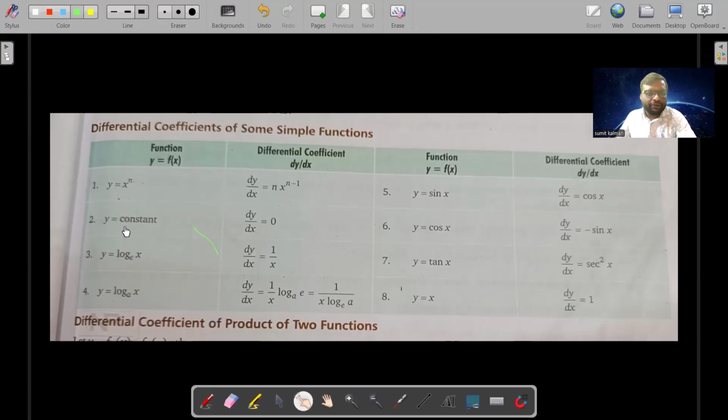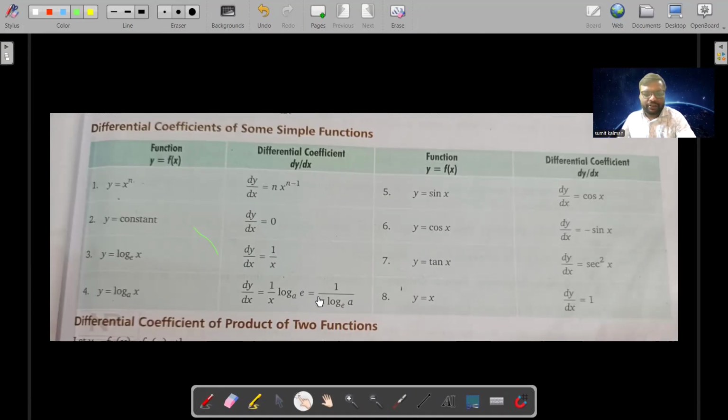Next, if we have y is equal to constant, then dy upon dx will be 0. If we have y is equal to log base e of x, dy upon dx is equal to 1 upon x. If we have y is equal to log base a of x, we have dy upon dx is equal to 1 upon x log base e of a.